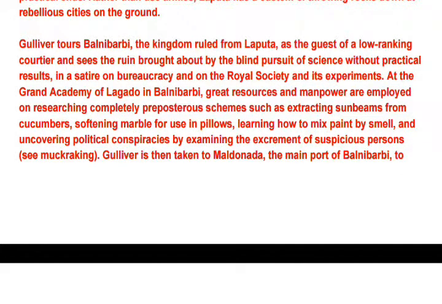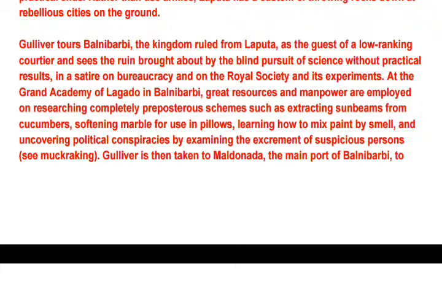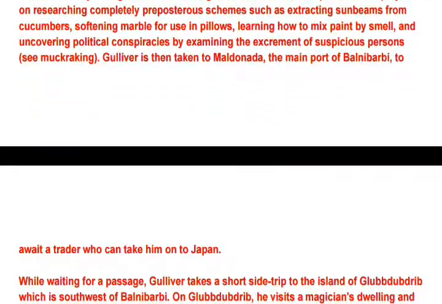In a satire of the Royal Society and its experiments, at the Grand Academy of Lagado in Balnibarbi, great resources and manpower are employed on researching completely preposterous schemes such as extracting sunbeams from cucumbers, softening marble for use in pillows, learning how to mix paint by smell, and uncovering political conspiracies by examining the excrement of suspicious persons.